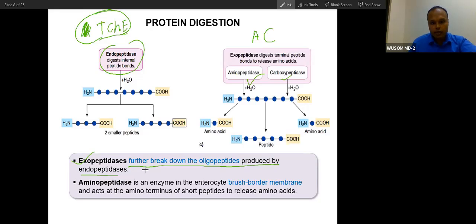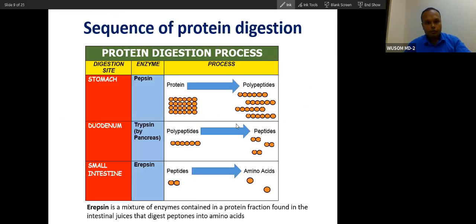Exopeptidase further breaks oligopeptides produced by endopeptidase. So endopeptidase acts first, and then exopeptidase acts on this. Aminopeptidase, amino terminal, is present on the brush border, and carboxypeptidases are pancreatic enzymes. This is how it will happen. We have already done this.